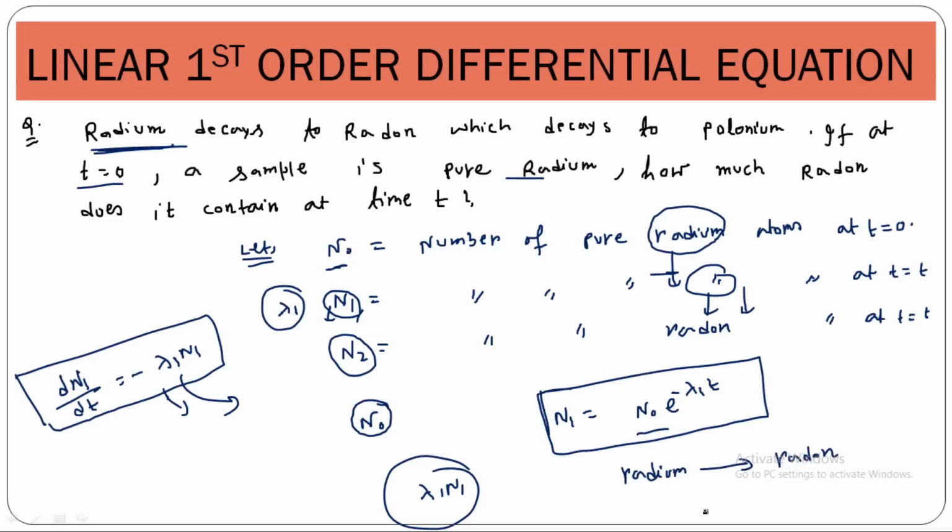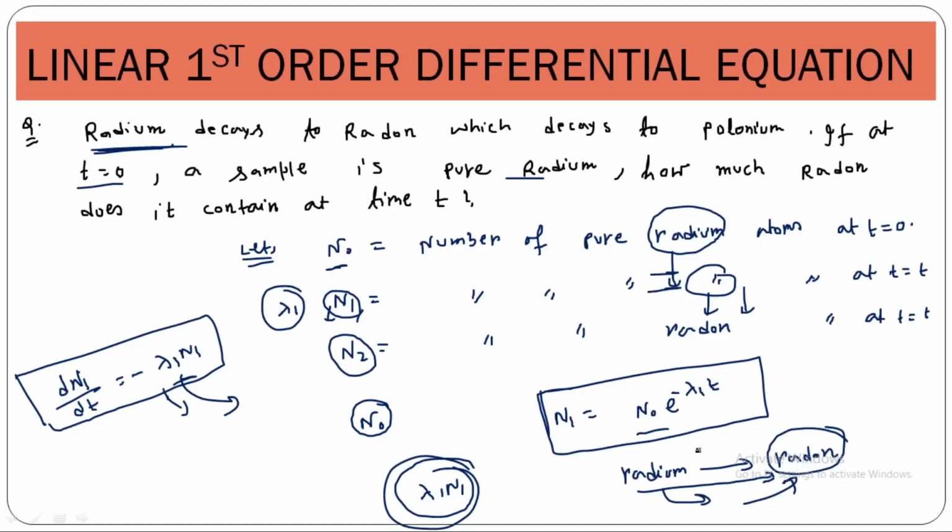So radium decays to radon at the rate of lambda 1 N1, because dN1 upon dt is the rate of decay of radium, and when radium decays, radon is formed.